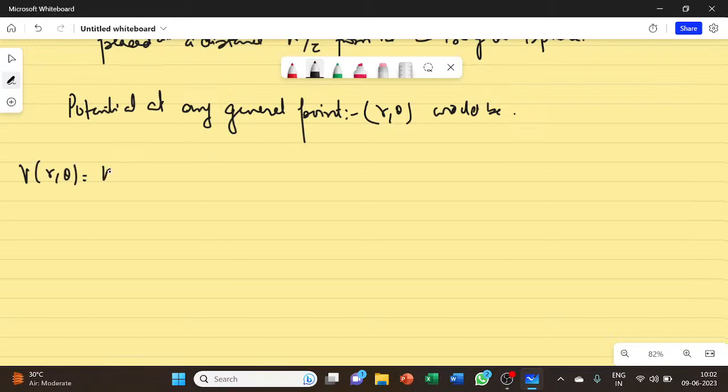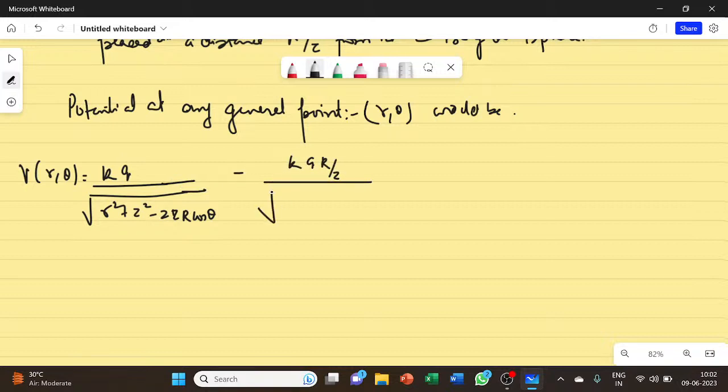It will be equal to kq divided by root over r square plus z square minus 2zr cos theta, minus kqr by z divided by root over r square plus r to the power 4 upon z square minus 2r square by z cos theta. Okay, so this will be the potential in general.